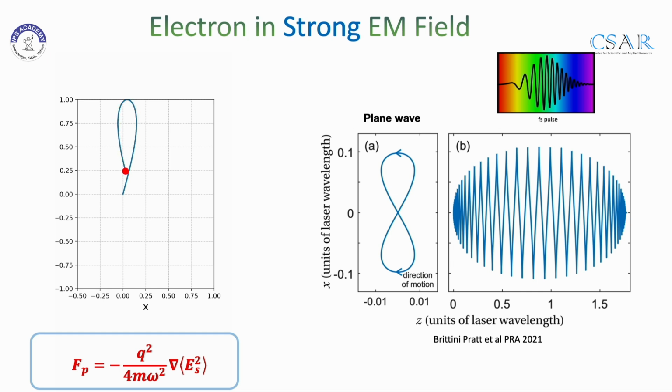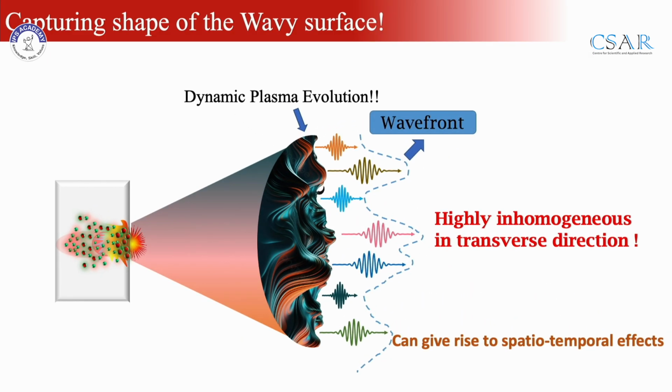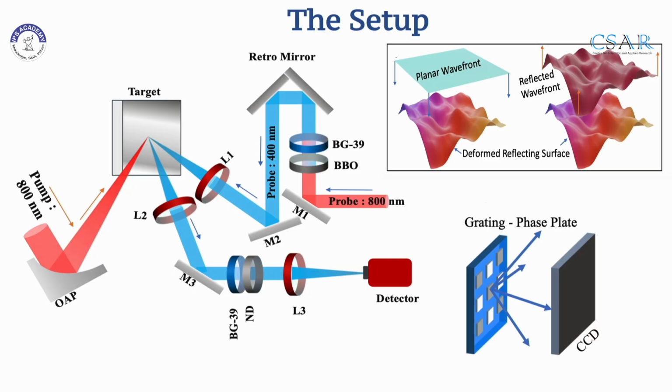When our field is very strong, they will deviate due to what we call the ponderomotive force, and the electrons will also drift in the laser direction. So basically, we want to capture this kind of motion.